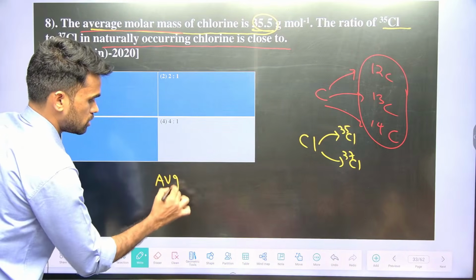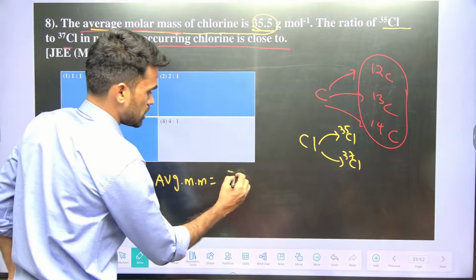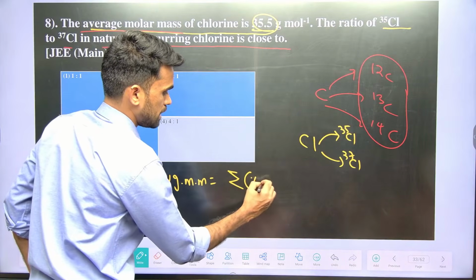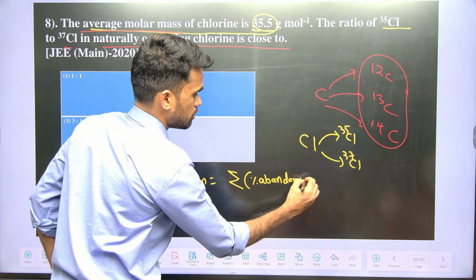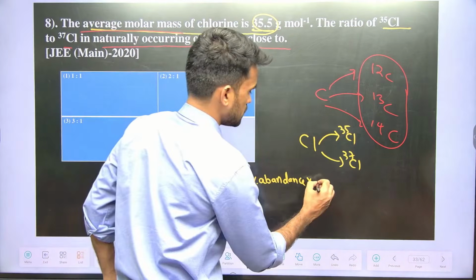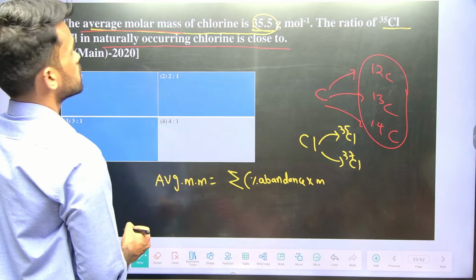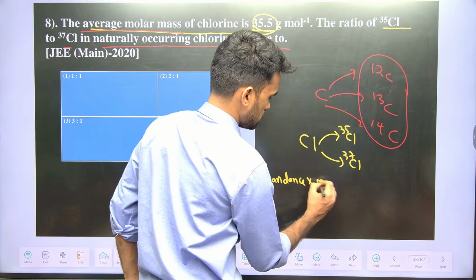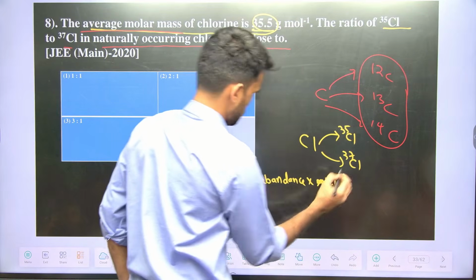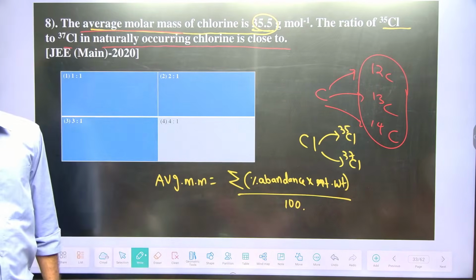Average molar mass equals the summation of percentage abundance multiplied with its atomic weight, divided by 100. Okay, what is that formula?